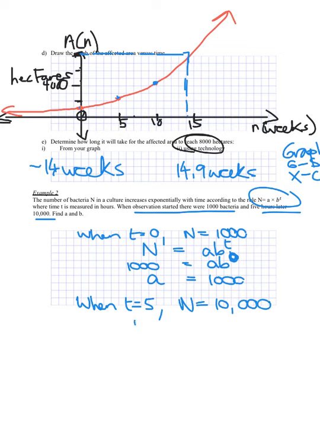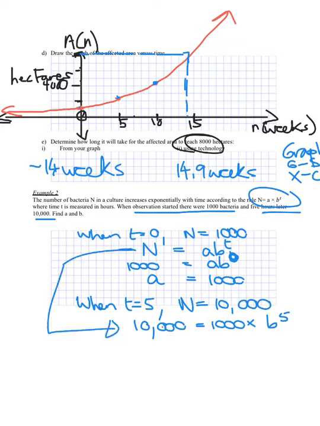And so we get 10,000 is going to equal 1,000 times b to the 5, because I've substituted in a there. If we take it one step back, remember we're substituting into this up here. n is 10,000 and a is 1,000 from before.